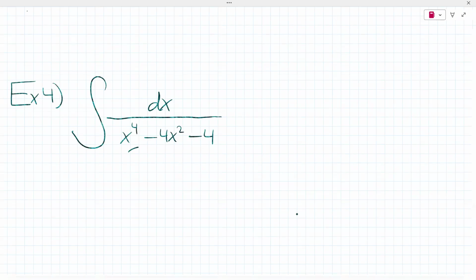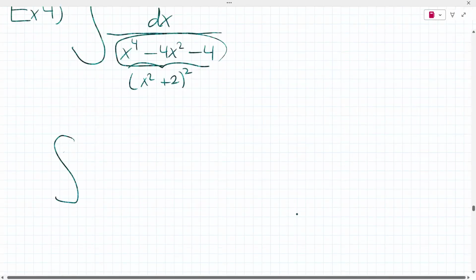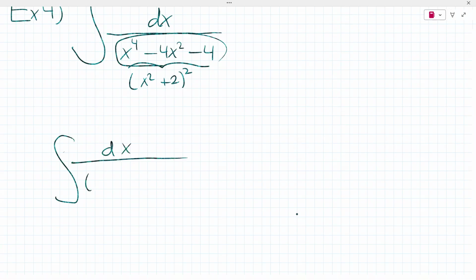So what I would have to do is go backwards and put this in factor form. So this right here could also be expressed as x squared plus 2 squared, right? Because when you FOIL this out, you're going to get this. So we can rewrite our problem as dx over x squared plus 2 squared.